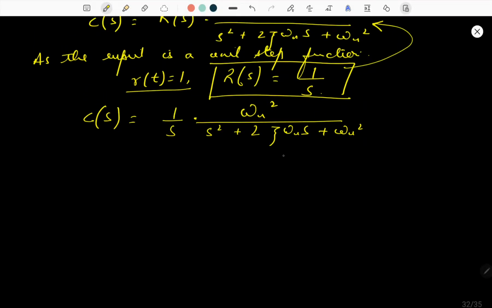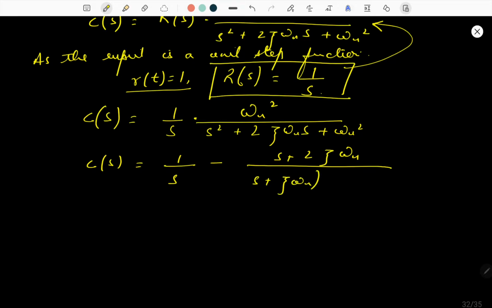Just breaking the above equation and taking the partial fraction of this, we need to do a bit of breaking, and we will get it like 1 upon s minus (s plus 2 zeta omega n) divided by (s plus zeta omega n) whole square plus omega n square (1 minus zeta square).